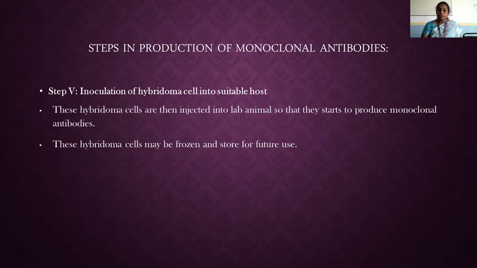The next step involves inoculation of these hybridoma cells into a suitable host. The hybridoma cells are then injected into a lab animal, which is the host, where it starts to produce the monoclonal antibodies. These hybridoma cells can be obtained, frozen and stored for future use.